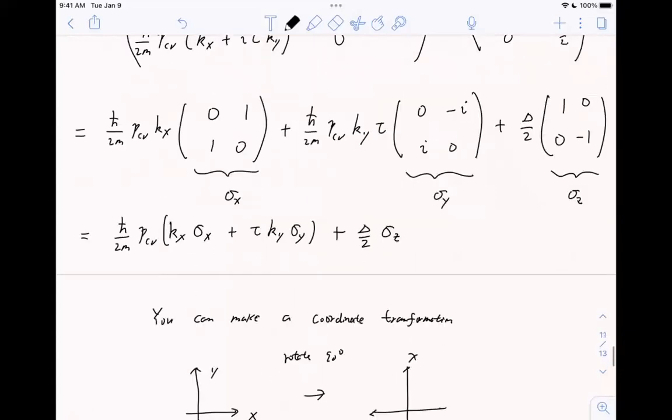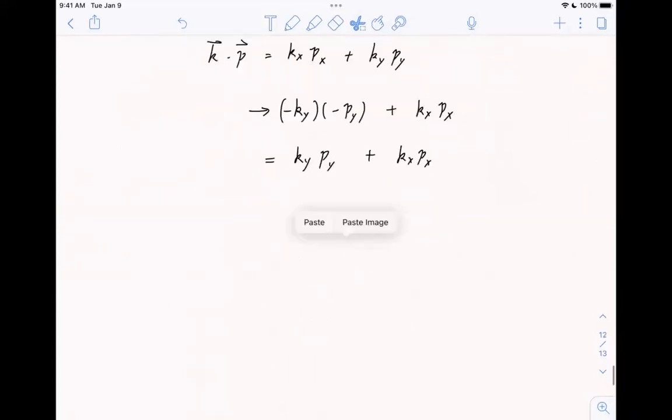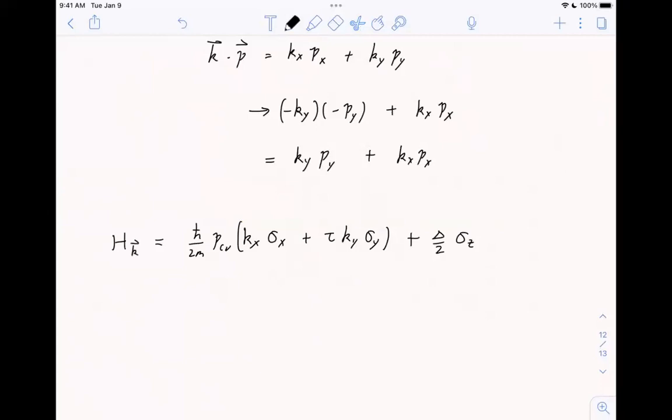However, when you flip the X and Y here, this tau is going to go to the other side. So the Hamiltonian, the tau will go to the other side.